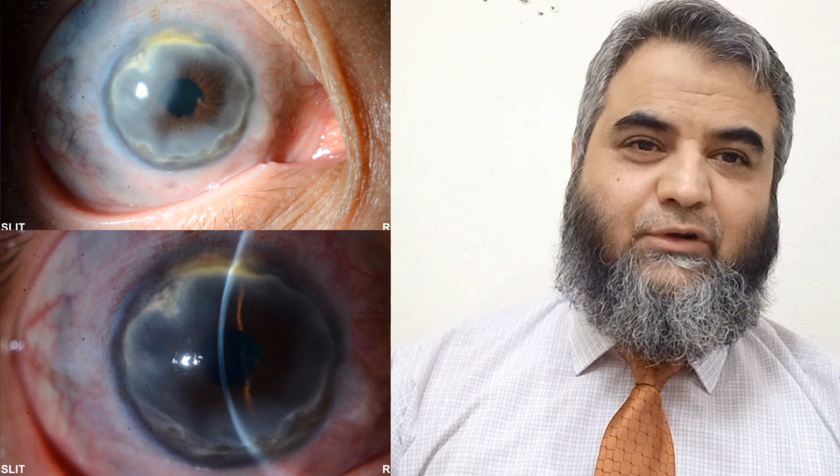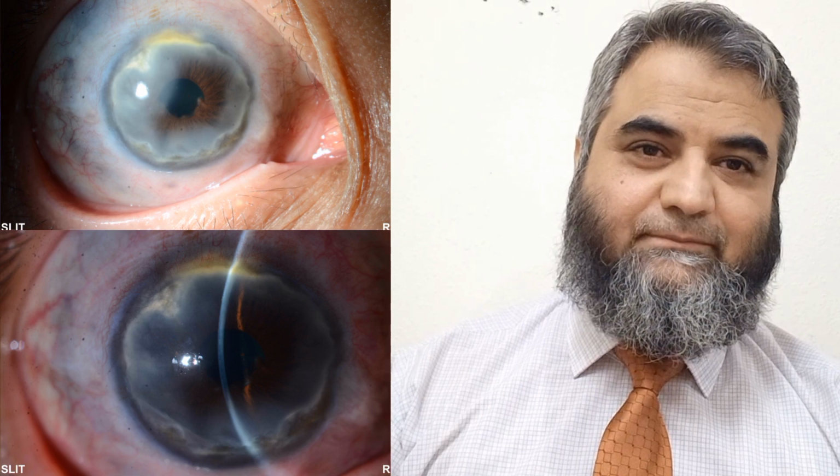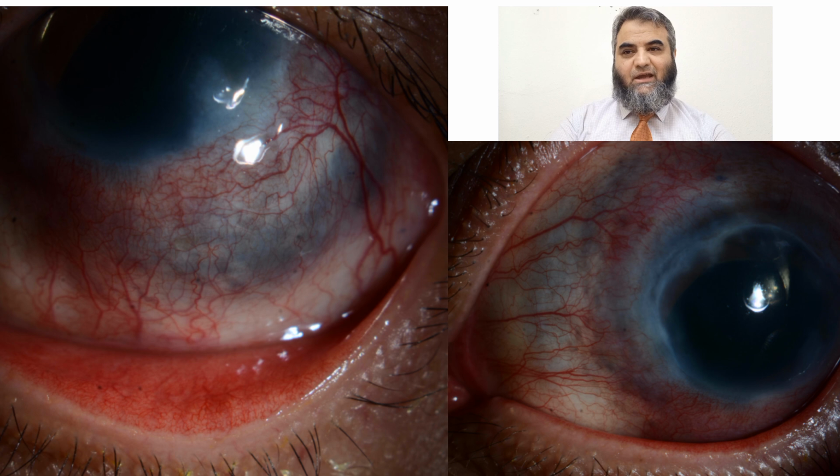In these first photographs, we can see there is thinning all around 360 degrees. Other photographs show the inferior section and nasal side, where we can see how extensive the thinning of the sclera is, with a bluish tinge and discoloration involving 360 degrees.